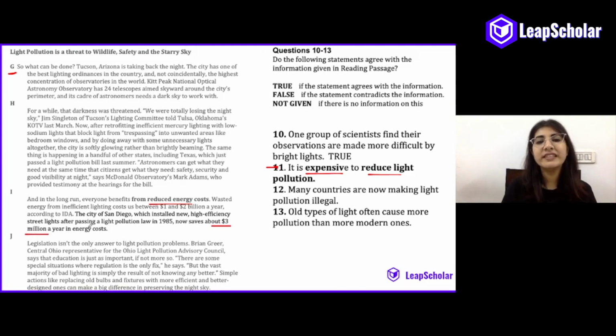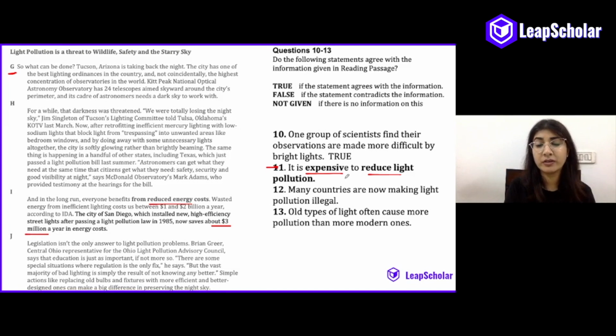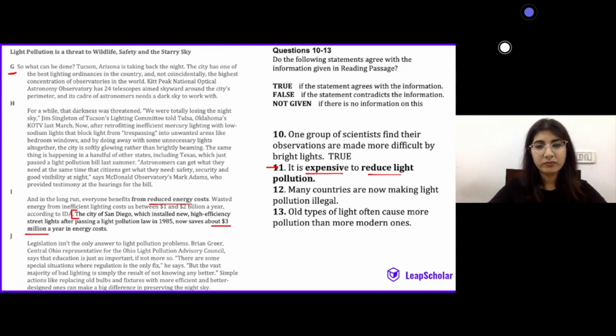So after installing high efficiency street lights, it reduced the cost. The statement says it is expensive to reduce light pollution, but this paragraph gives the contradictory statement. This paragraph says that they reduced costs, which means that it is actually cheaper to reduce light pollution. All right, so this is false.